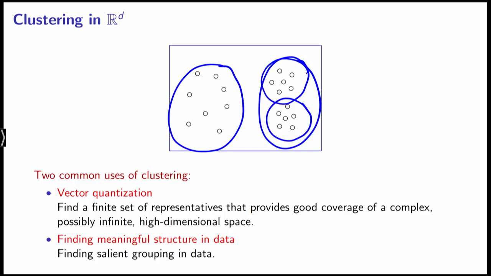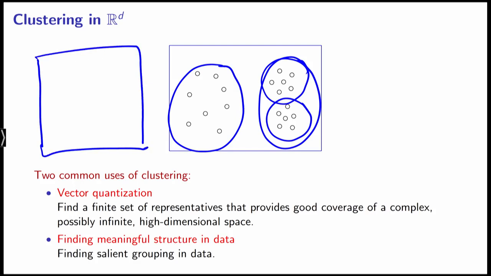Now, there are two rather different ways in which clustering tends to get used. The first is what might be called vector quantization. So in this setting, there is some very large, perhaps infinite or continuous space from which the data has been sampled, and the goal is to find a few representatives for that space.